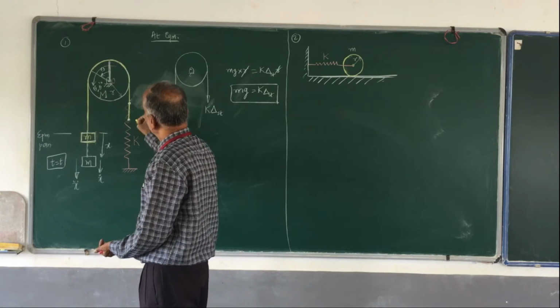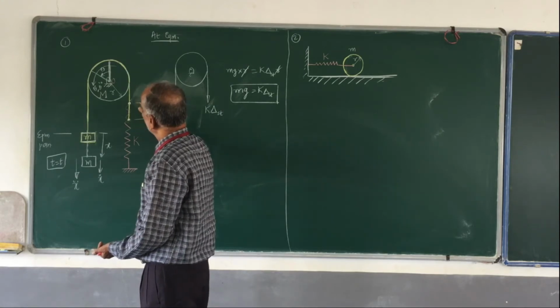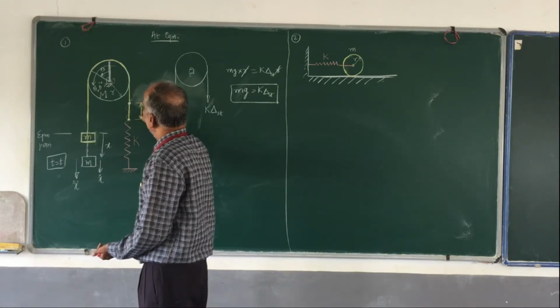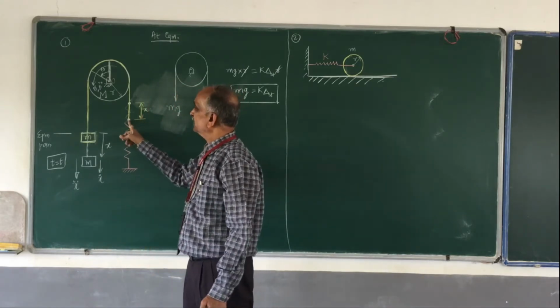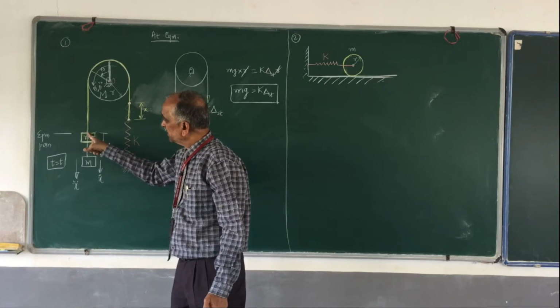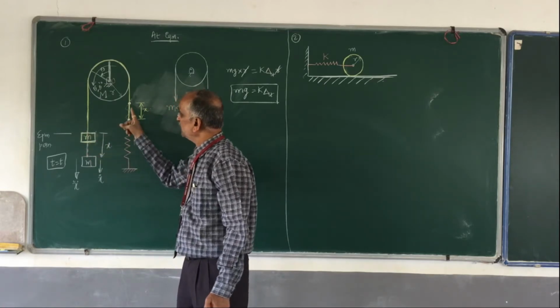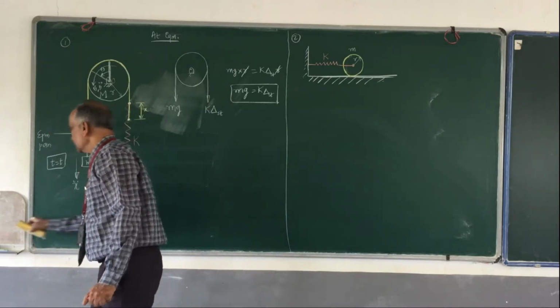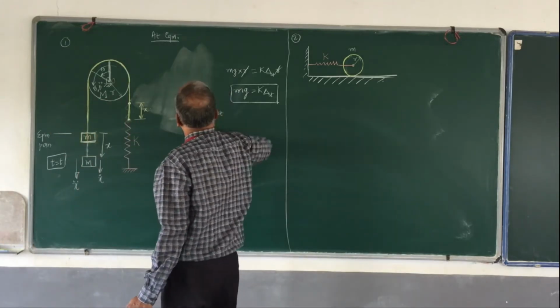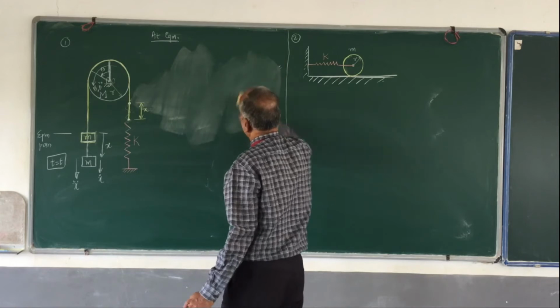What is this distance? This distance is also x. I hope you understand. Whatever movement this end makes coming down, the same amount this end has to go up. I hope it's clear now, everything. So what is the extension of the spring, etc.